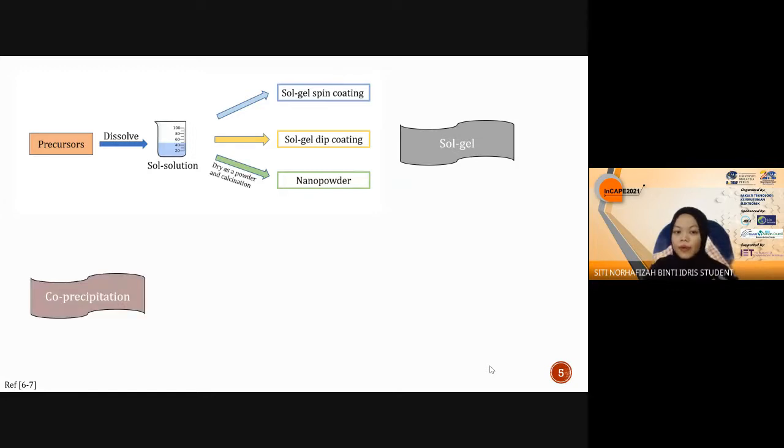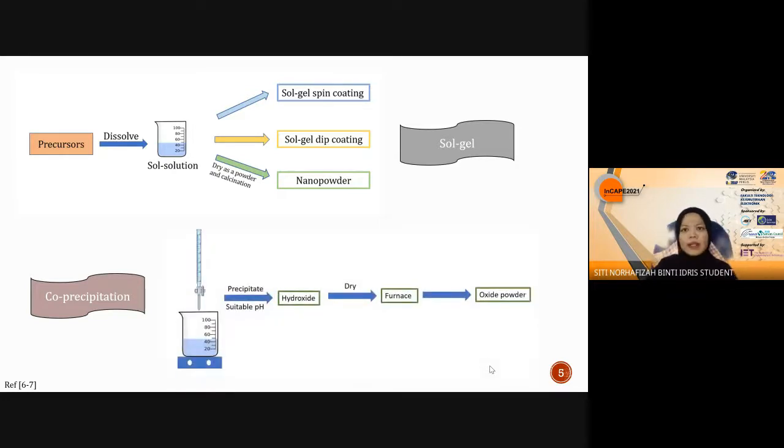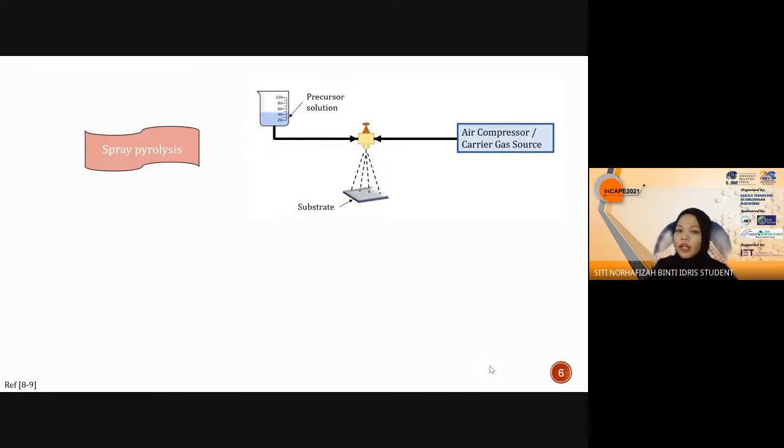Next is the co-precipitation method. In this process, we can get nano or micro particles by adjusting the pH, precipitating agent, temperature, and also solvents. Moreover, here is spray pyrolysis, in which a nanostructure is obtained when a solution containing a precursor is sprayed or injected using a nebulizer onto a hot substrate.